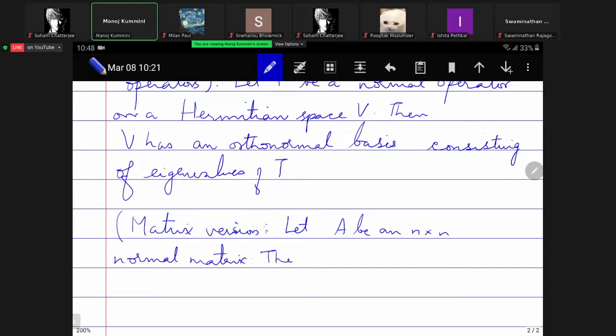Then there exists an n by n unitary matrix P, with P star equals P inverse, such that P star A P is diagonal.